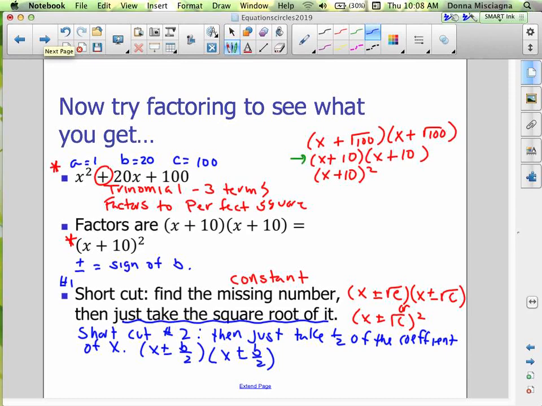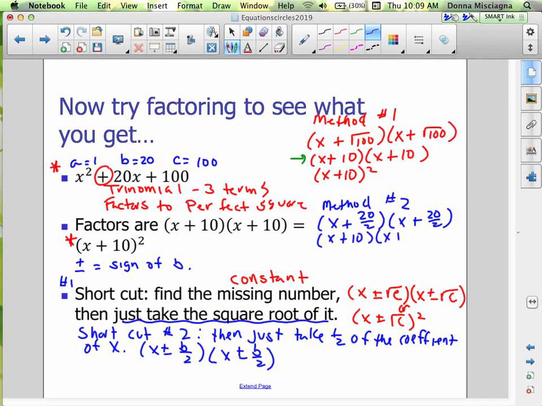All right, so let's use this method number 2. So this one was method number 1. Right, this is method number 2. I tend to use method number 2. Right? So then it would be x plus 20 divided by 2, x plus 20 divided by 2, which is the same as x plus 10, x plus 10.